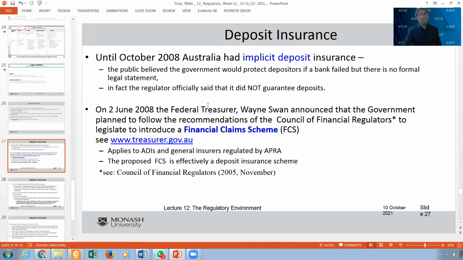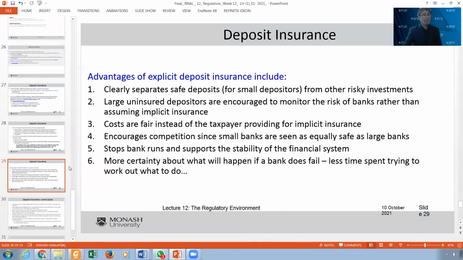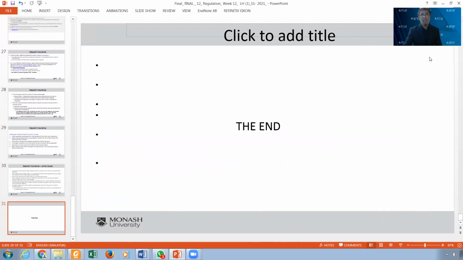And in Australia, also like Malaysia, they guarantee up to 250,000, and they keep updating all these things. If you are a business, I think 1 million as a minimum balance, and therefore they are guaranteeing the system. You can read about deposit insurance, the rest of it, which we have talked about. I think I am done with this.